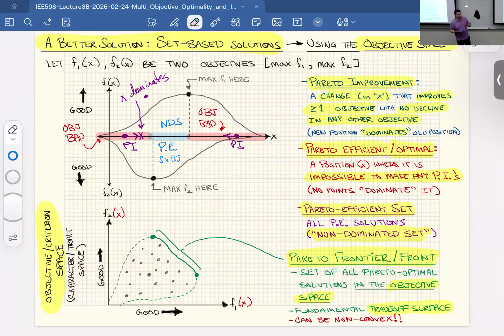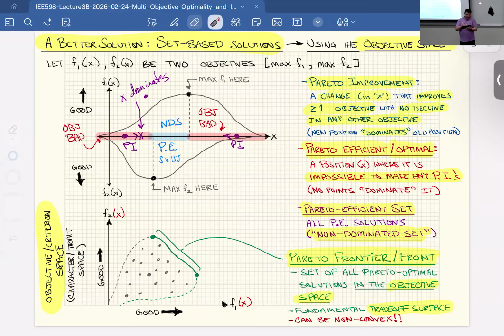This is our fundamental trade-off surface. And the challenge will be, as we'll show graphically here next time probably, is that this can be non-convex. And those linear ways to find this Pareto frontier, it turns out they don't find the non-convex parts.